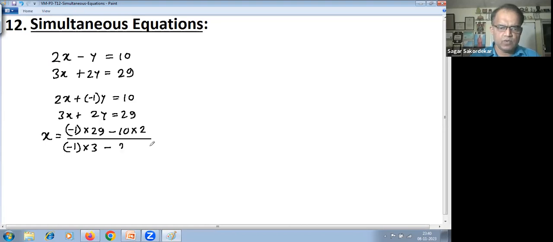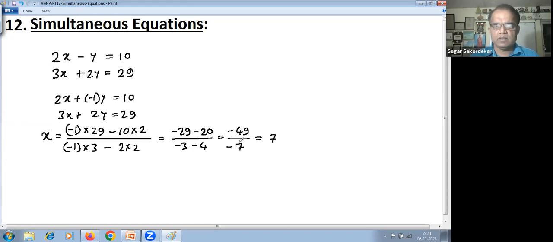So simplify: minus 1 into 29 is minus 29, minus 20, upon minus 3 and minus 4. So minus 49 upon minus 7. Minus minus is plus, and 7 sevens are 49. So x is equal to 7.